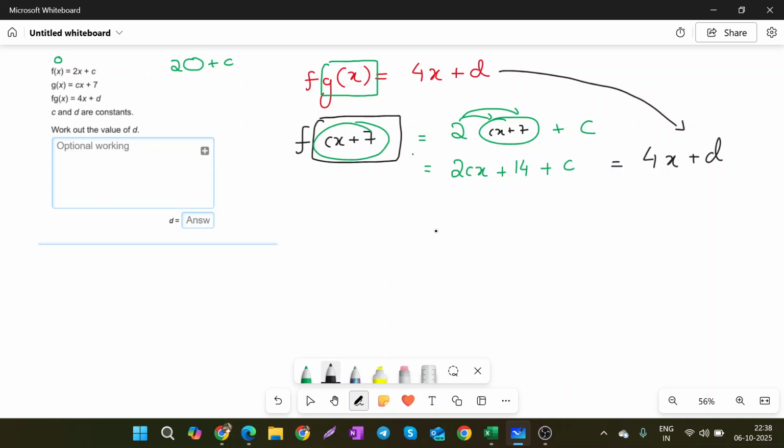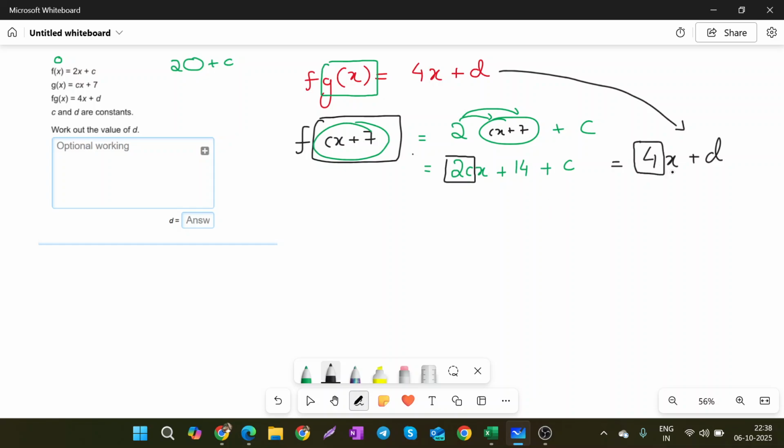Now comes the tricky part. The tricky part is we're going to have to compare the coefficients of x and not x. So if you look at the x part on the left, so you have 2c equals 4.